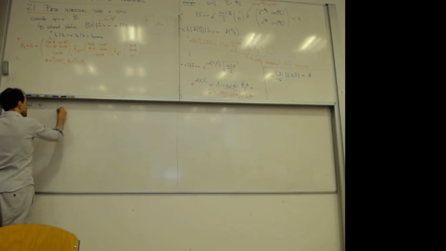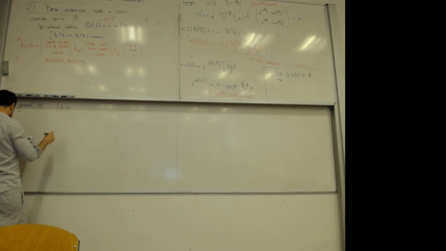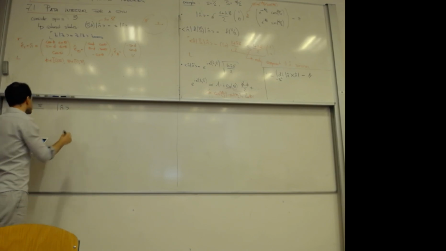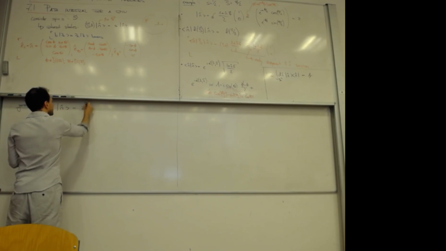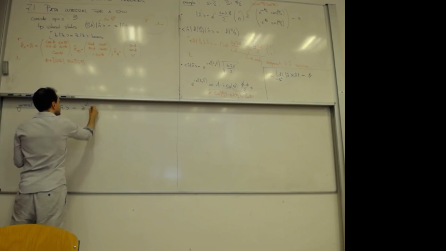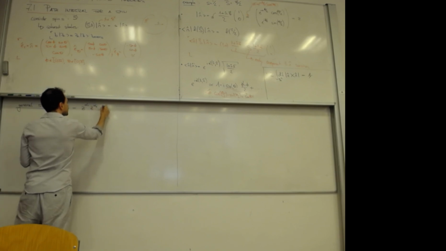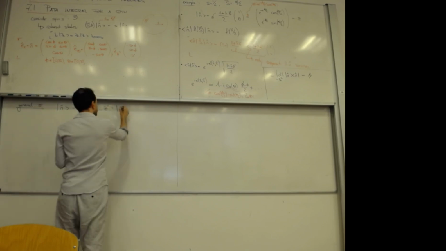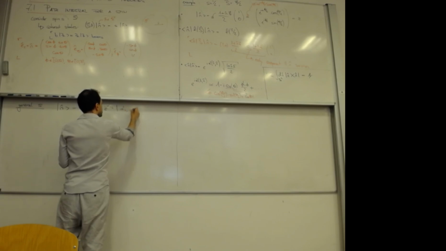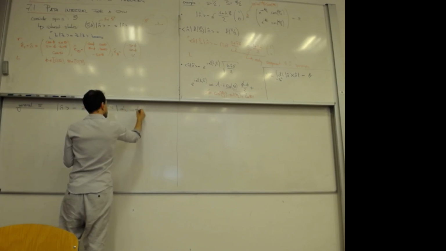We have n, which is z alpha 1, z alpha 2, all the way to alpha 2s, and then we take alpha 1 through alpha 2s.